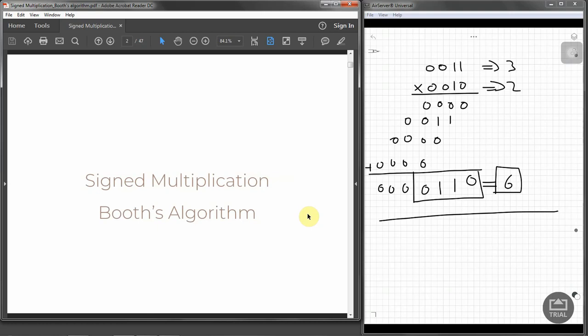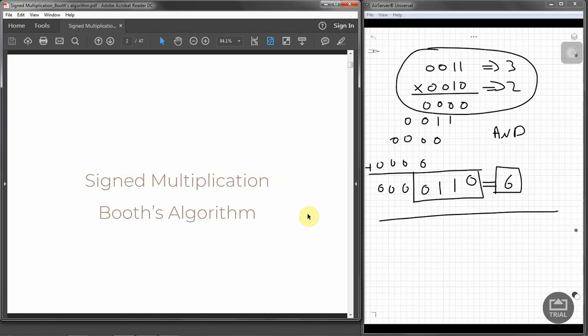Before we get into the signed part of it, consider this simple example. For multiplication in a typical arithmetic logic unit, we don't have any multipliers. So how do we perform multiplication? We are actually using an AND function, which performs some kind of multiplication.